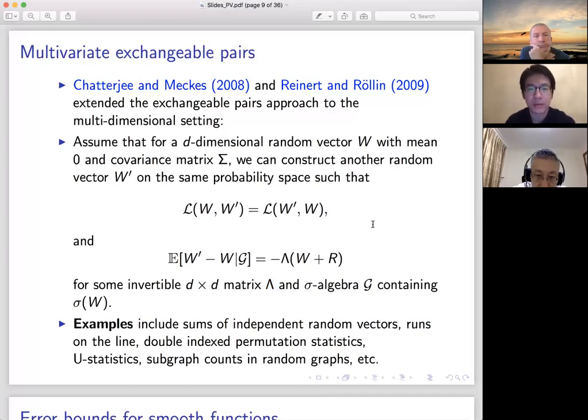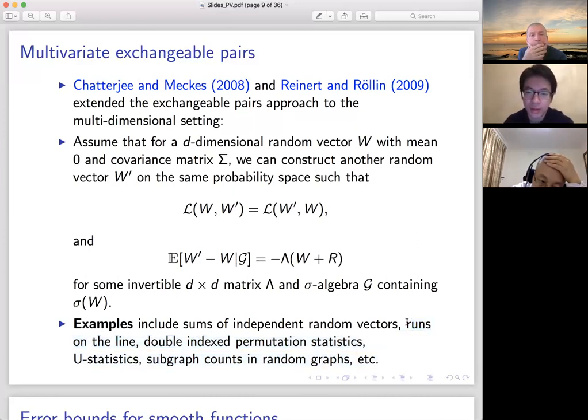It looks very similar to the one-dimensional case, and it has also found applications in many problems. For example, sums of independent random vectors, runs on the line, doubly indexed permutation statistics, U-statistics, subgraph counts in random graphs, and so on. So notice that all these applications are in the multivariate sense.